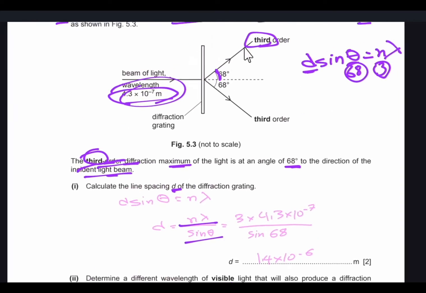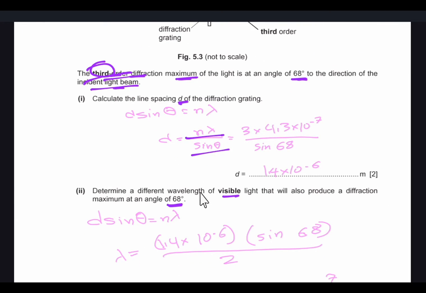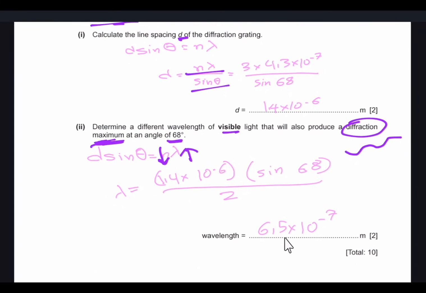That means one order before it, because maximum diffraction occurs only when the value of n is less. When a wave diffracts maximum, the value of n is less and the lambda is more. That means the second order maximum. So after substituting the value, we get the value of lambda as 6.5 into 10 to the power negative 7, correct to two significant figures.